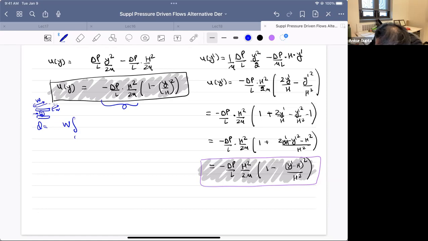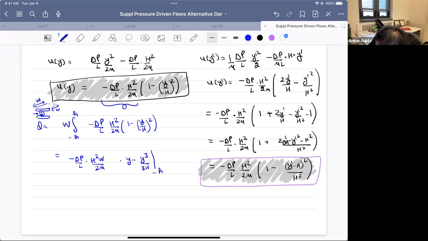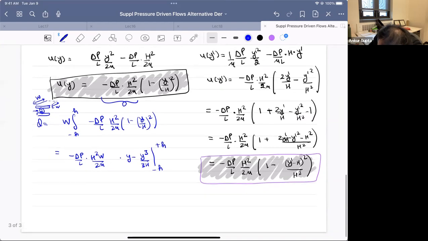So W times the integral from minus h to h of minus delta p by L h square by 2 mu into 1 minus y by h whole square. And then that becomes minus delta p by L into h square W by 2 mu into y minus y cube by 3h square, from minus h to h. You just have to put the limits.